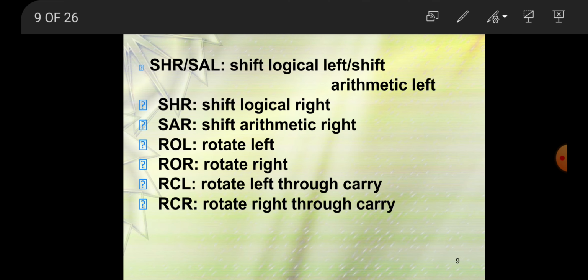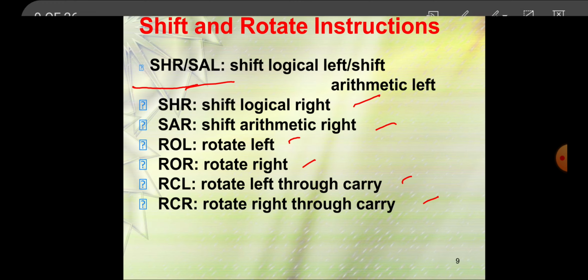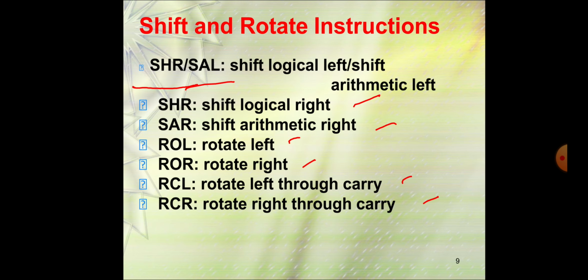SHR is shift logical right, SAR shift arithmetic right, ROL rotate left, ROR rotate right, RCL rotate left through carry, and RCR rotate right through carry. Keep these different short forms in mind, the ones you use while writing the instruction. We will see the operation of each and every one.